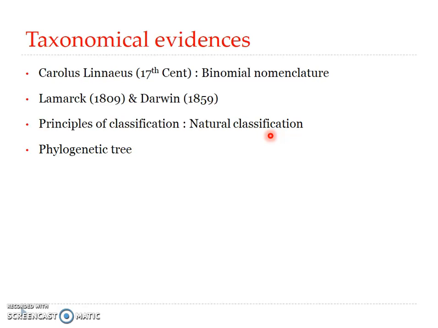That is, the similarities between members of the same phylum could be because they all have originated from a common ancestor. And similarly, members of a phylum are different from members of another phylum because they came from a different ancestor. So that is how we can interpret the classification system.